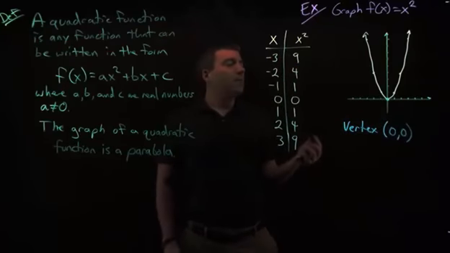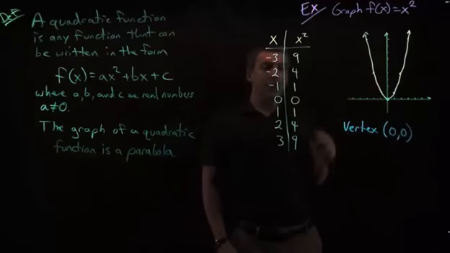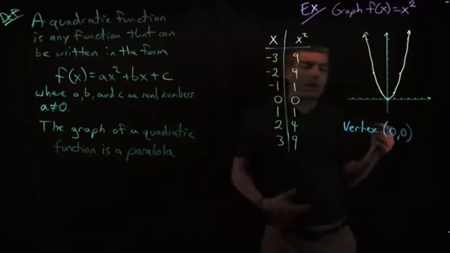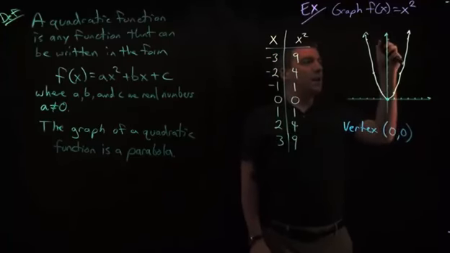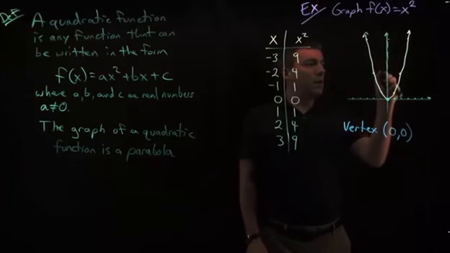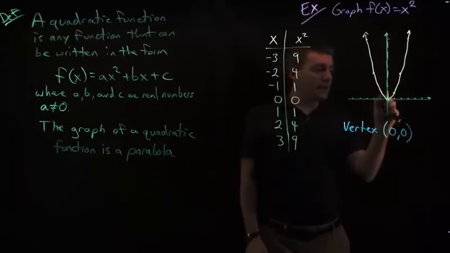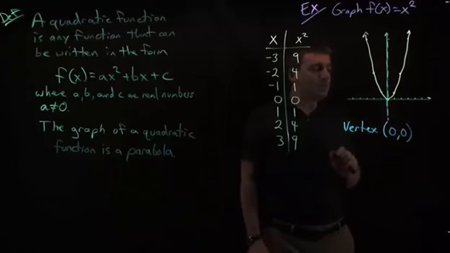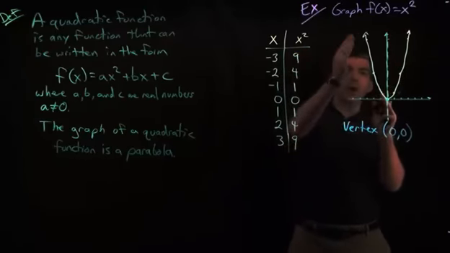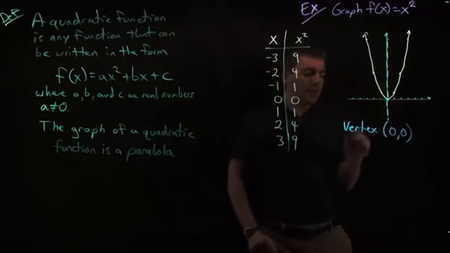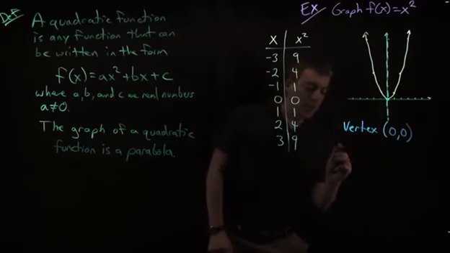There's another feature that parabolas have, and that is that they are symmetric across the vertical line that runs through the vertex. We can see that here. The y-axis acts as this vertical line. The right half of the parabola matches the left half of the parabola. And so we call this line the axis of symmetry.